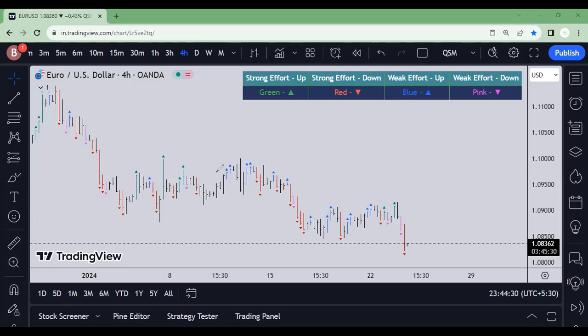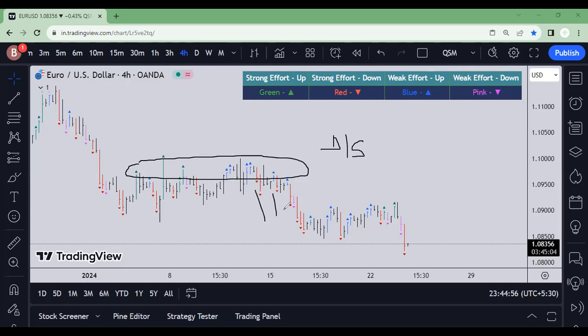But with this tool, I boiled down the working of accumulation and distribution in such a way that in any good time frame, I'll be in a position to identify which side has the greater power. Either demand is in control or supply is in control.